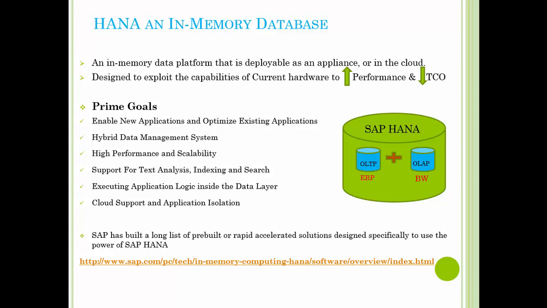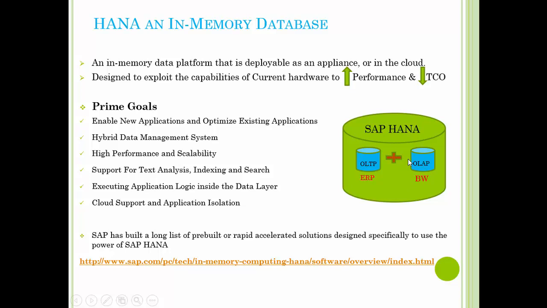From experience, customers have reported 10 times better speed for data retrieval and hence faster reporting with the use of in-memory computing. Basically, SAP HANA as a technology combines OLTP and OLAP transactions and can be deployed as an appliance on premise and also on cloud. In the picture of the SAP HANA database, you can see it combines both OLTP and OLAP transactions.